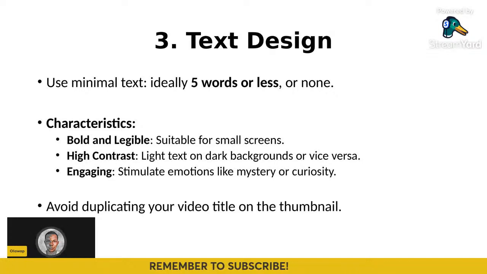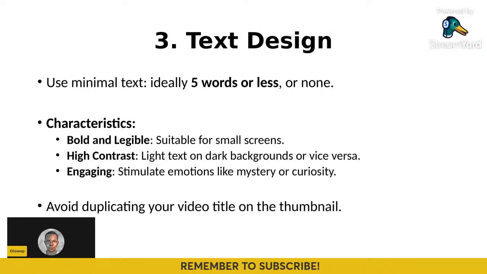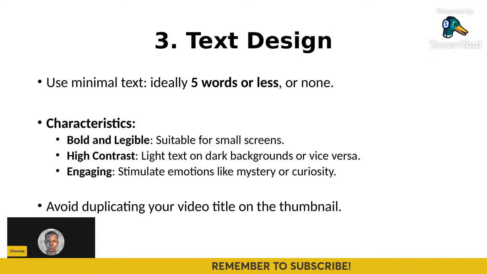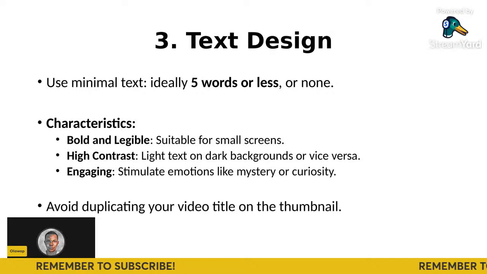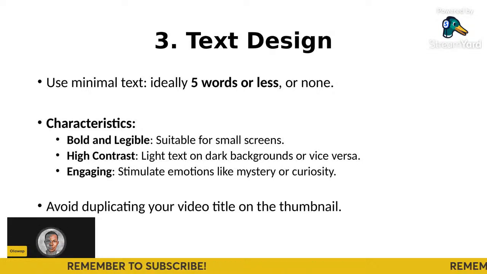Now, high contrast, light text on dark background, or dark text on light background. So this is very, very important. Sometimes people create things with black background, then the top of it will carry gray text. It doesn't make any sense. Or I even came across a design yesterday. The person was using a white background and was using a lemon text on top.